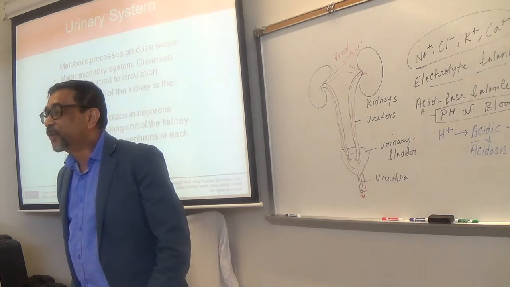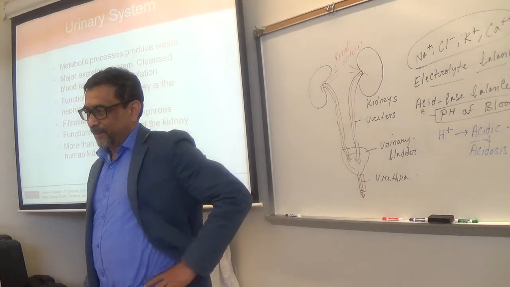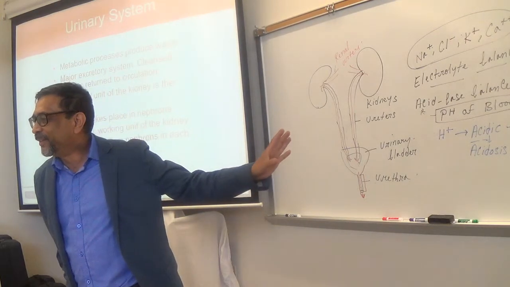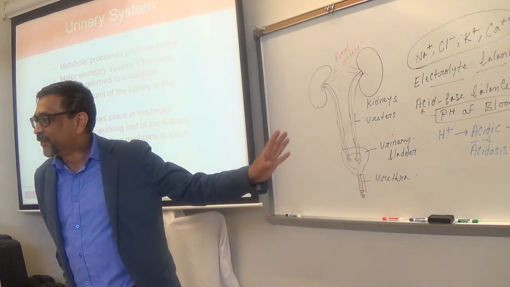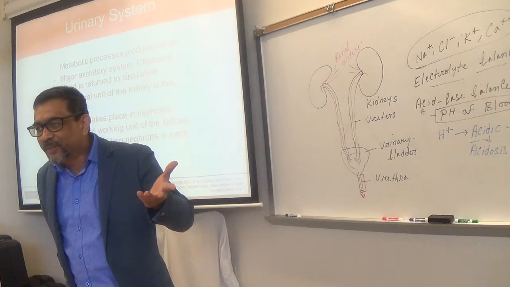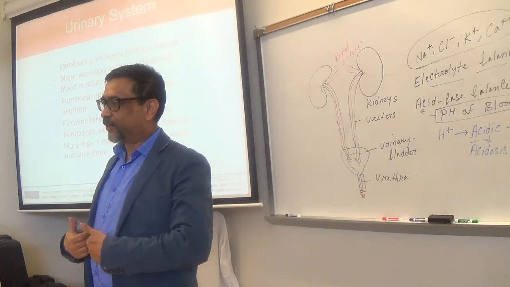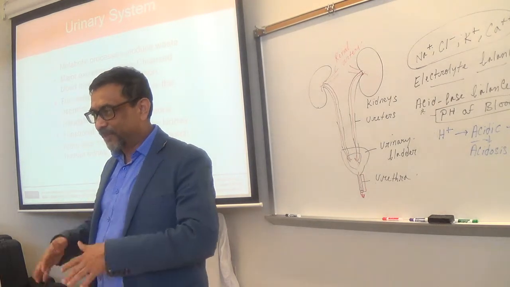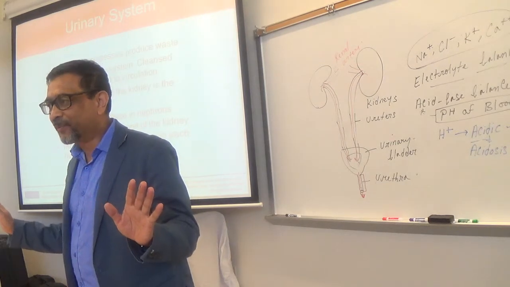Now, why do you need to know that? Because if your kidney is not working, then all these functions will be lost. Make sense? So all the complications will start. If kidney has failed, then it will not be able to produce enough urine. So enough water will not be able to get out from the body.